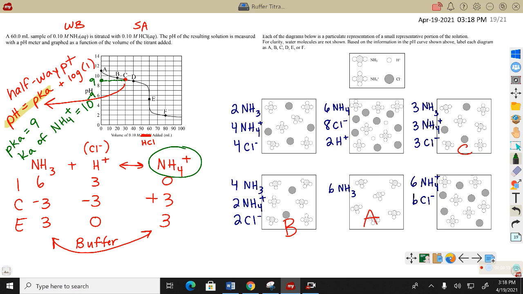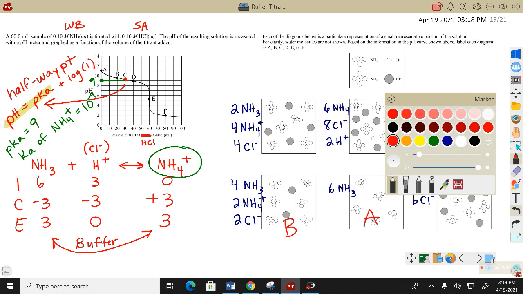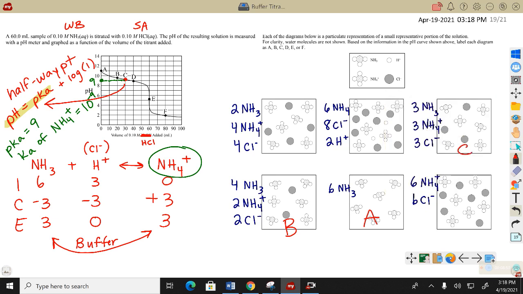Awesome. Then, hopefully, going ahead, you labeled point D. Here's what happens at point D. Some of this I can kind of keep in there. I think we're going to have a buffer still. Looks like there's 4 chlorine, which must have also meant 4 hydrogen.